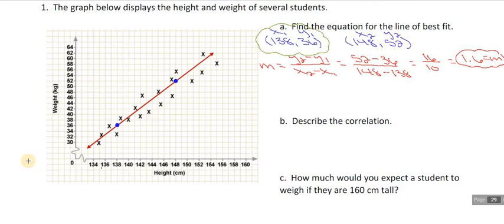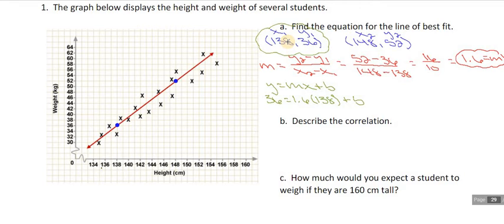So if I start off with y equals mx plus b, I'm going to put 36 in for y equals m is 1.6 times x, which is 138, plus our unknown yet is b.